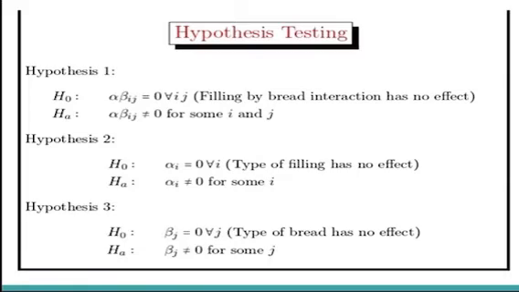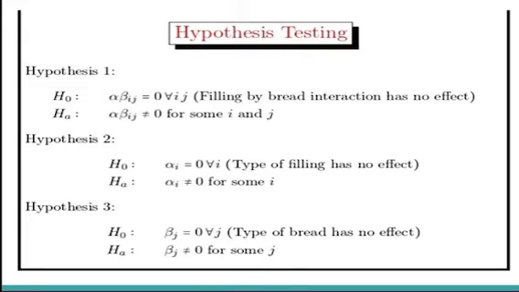Another hypothesis tests whether the mean of the response is the same across the levels of factor A, and another tests whether the mean is the same across the levels of factor B. Which means in two-way analysis of variance, we normally have 3 sets of hypotheses.